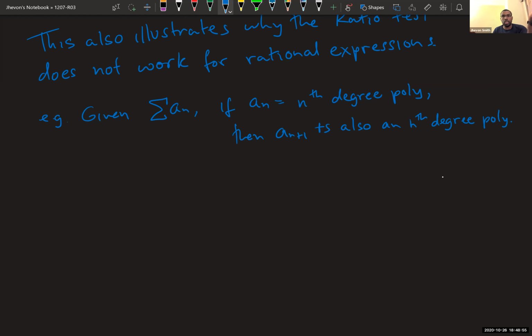If I take a polynomial and replace the variable with the variable plus 1, the highest power stays the same. And so if I take a_(n+1) divided by a_n, it will approach 1, right?